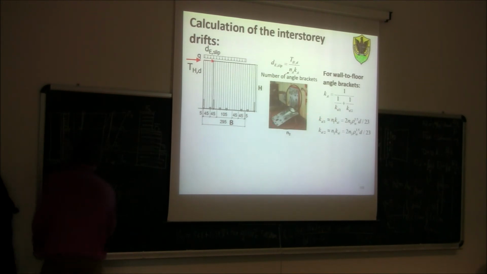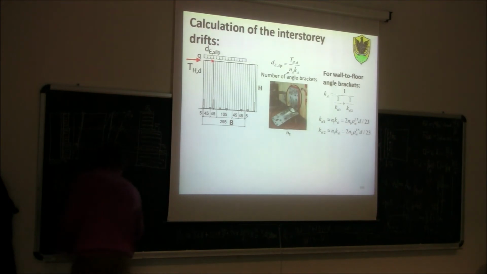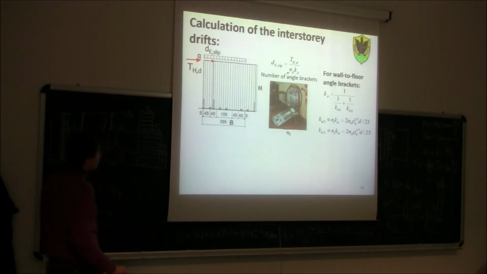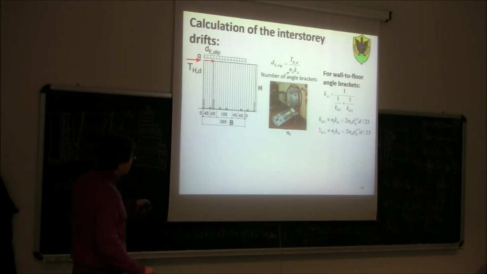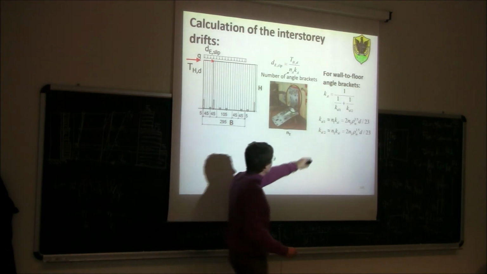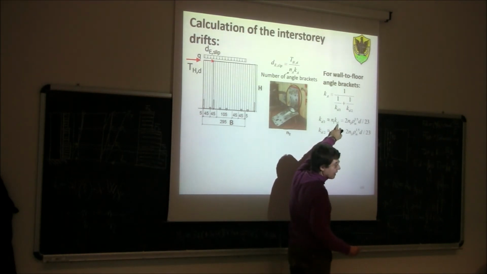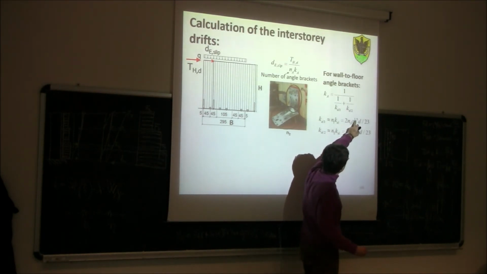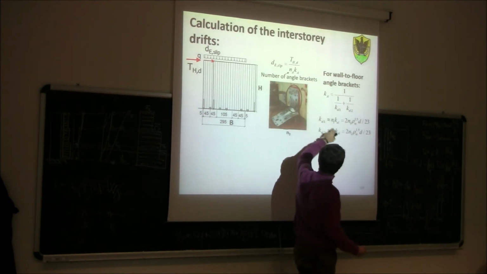So if this is K1 and this is K2, which are basically N1 times, as usual, the elastic slip modulus of a single nail, which is rho n to the power 1.5 times d divided by 23, times 2 because it's still the timber connection, times N1, because we have N1 nails.